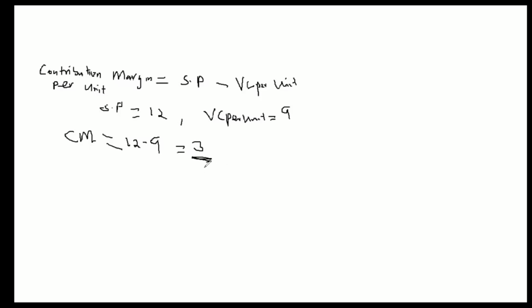So the contribution margin per unit is the $3. You can also determine the total contribution margin if you are using the lump sum figures.